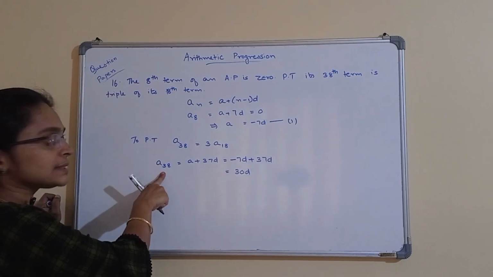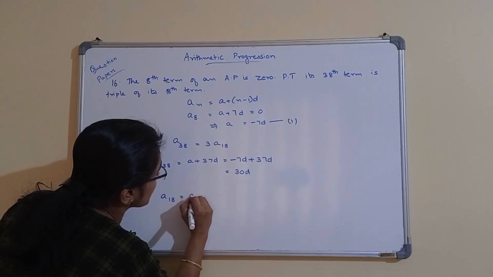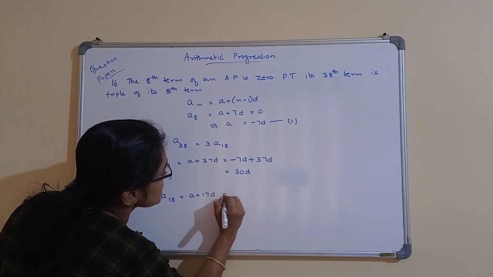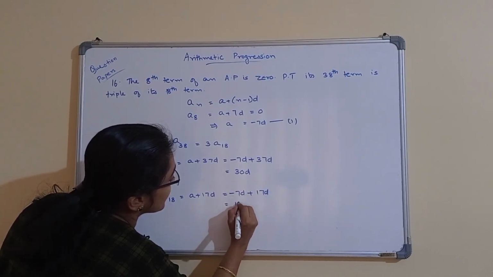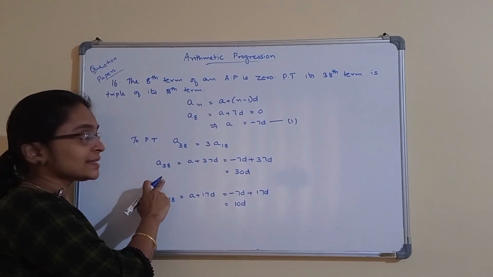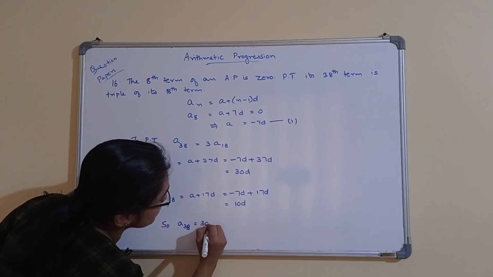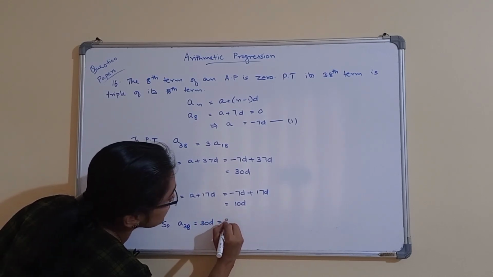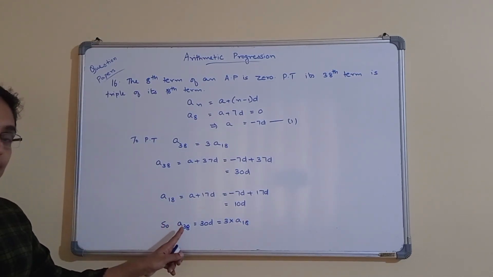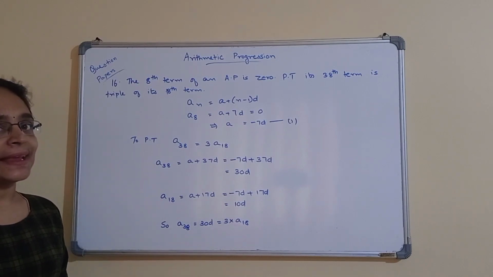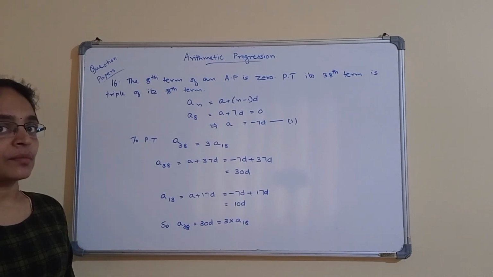So, we got a38 equal to 30d. Now, find a18. a18 equal to a plus 17d, which is equal to minus 7d plus 17d, which is equal to 10d. So, a38 is equal to 30d, which is equal to 3 into a18. Thus, we have proved that a38 equal to triple of a18. That is, the 38th term is equal to triple of the 18th term. Understood?